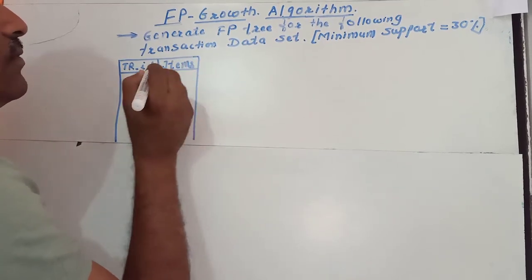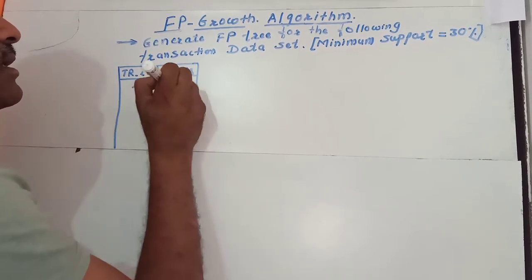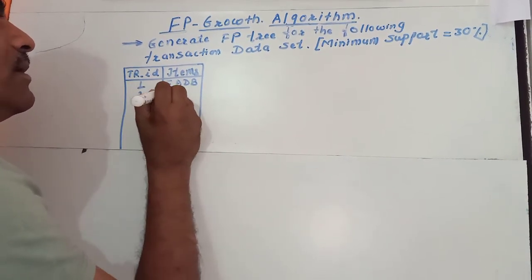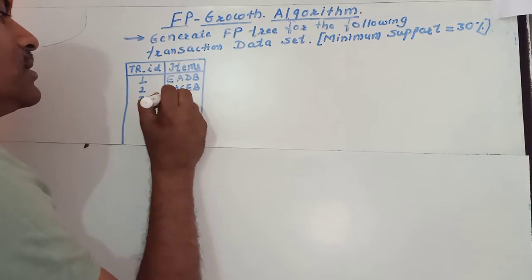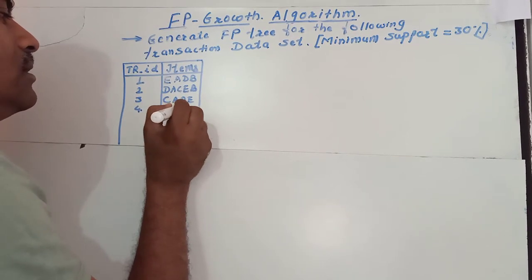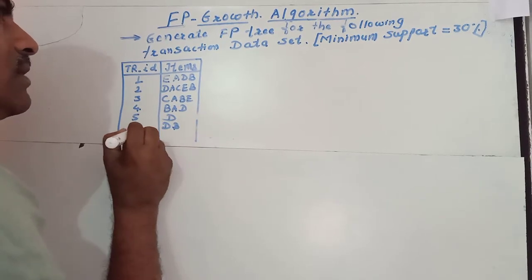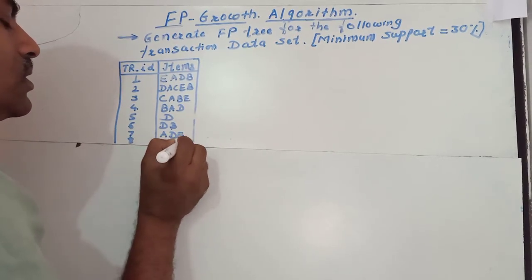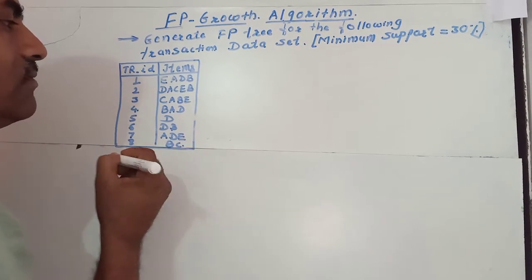So we have transaction ID 1, in which the items present are E, A, D, B. Similarly, transaction 2 contains the items D, A, C, E, B. Transaction 3 contains C, A, B, E. Transaction 4 contains B, A, D. Transaction 5 contains D. Transaction 6 contains D, B. Transaction 7 contains A, D, E and transaction 8 contains B, C. So in all we have 8 records present in the transaction data set.